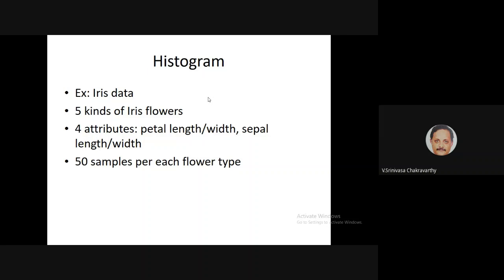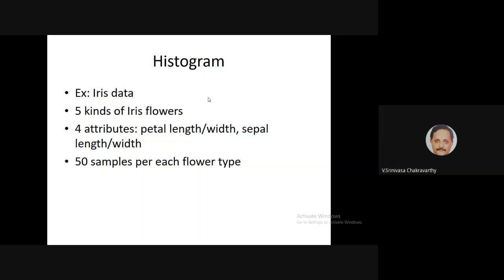Here the example data is what is called iris data. It's a well-known data set used in a lot of pattern recognition literature. This data comes from a family of flowers called iris. There are 5 kinds of flowers. Each flower class has 4 attributes: petal length, petal width, sepal length, and sepal width.